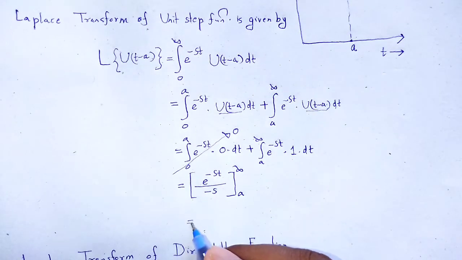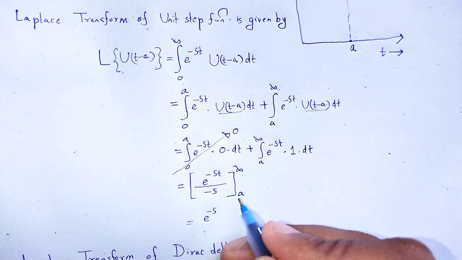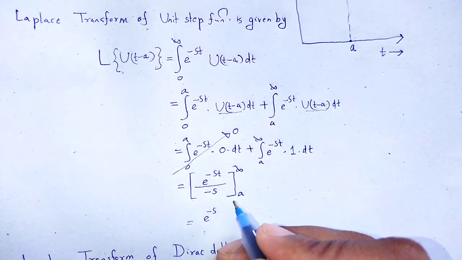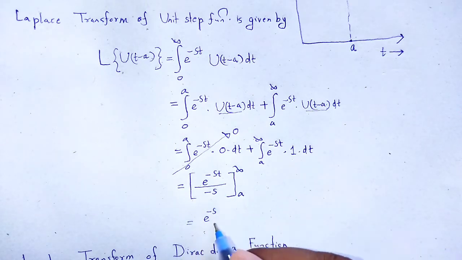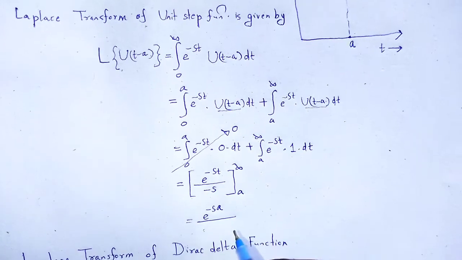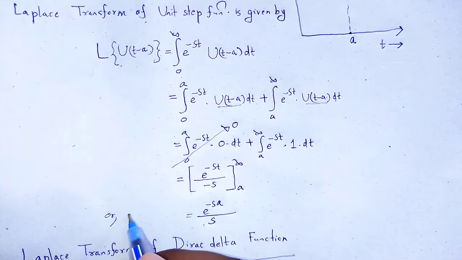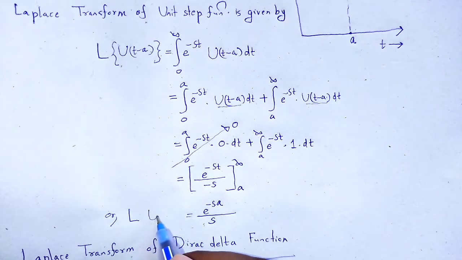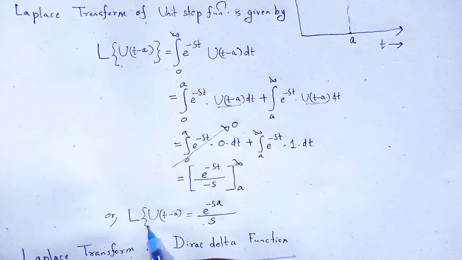So, it is e to the power minus st, using upper limit and lower limit. So, the minus term as plus. So, e to the power minus sa divided by s, which one is the Laplace transform of unit step function u of t minus a.